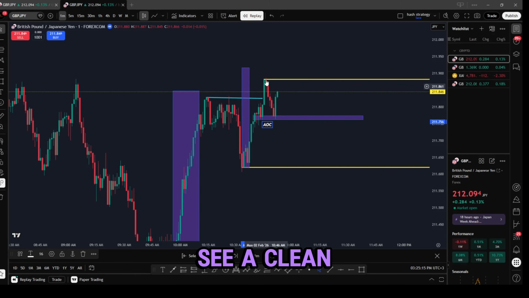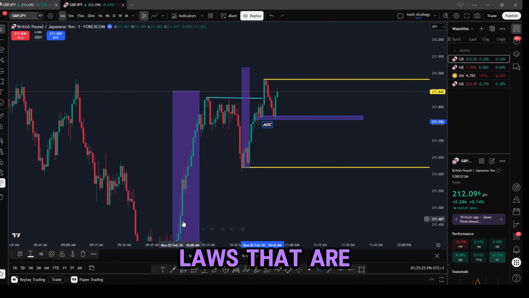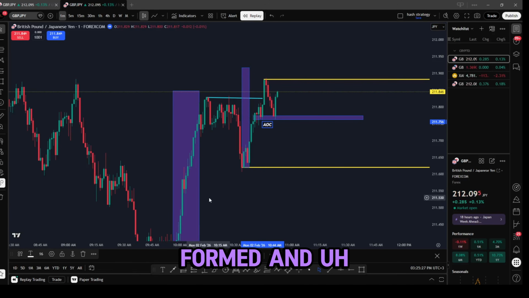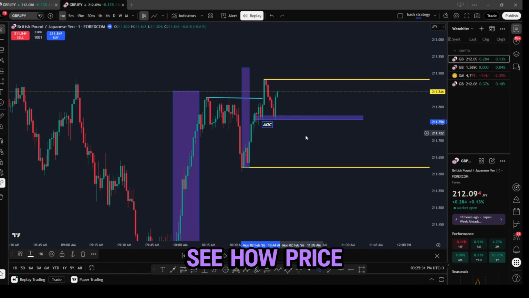I'm waiting to see a clean pullback into this zone. I want to see the buyers respecting structure, respecting the lows that are being formed, and most importantly, I want to see how price is reacting in our area of confluence.